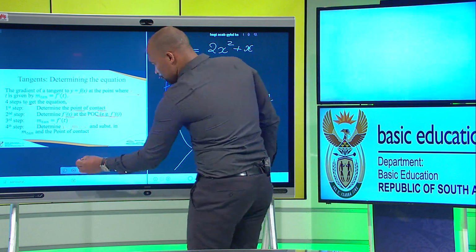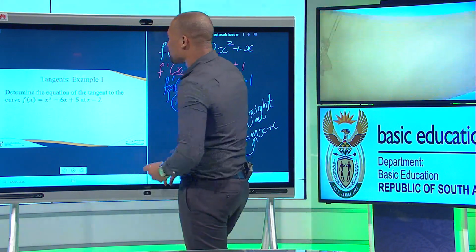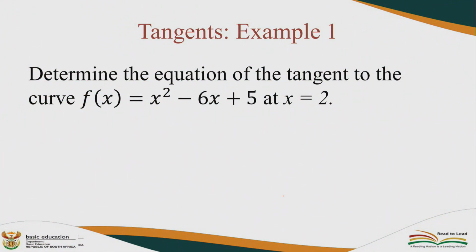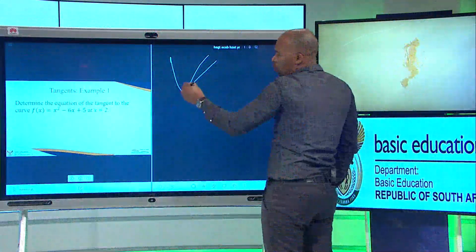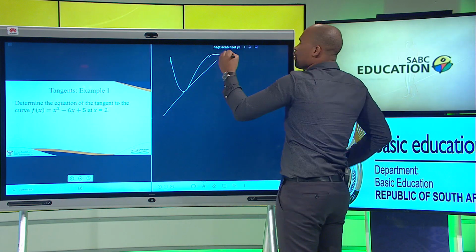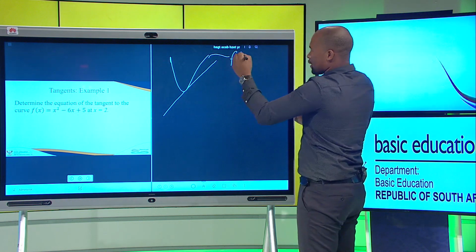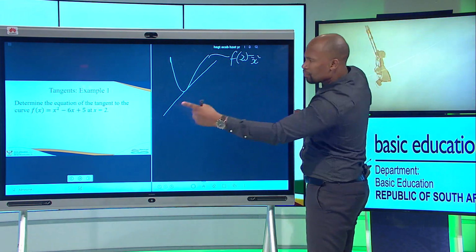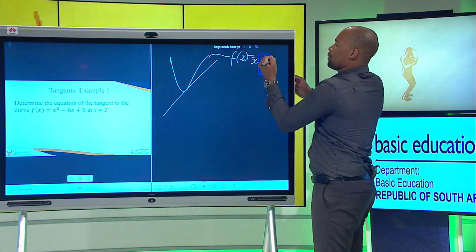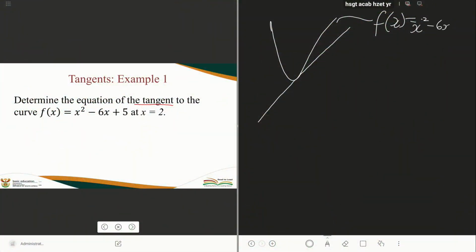Then let's get an example of what I'm talking about. Example number 1. We are given: determine the equation of a tangent to the curve f of x is equal to x squared minus 6x plus 5 at x equal to 2. In my thinking, we are given f of x as x squared minus 6x plus 5.